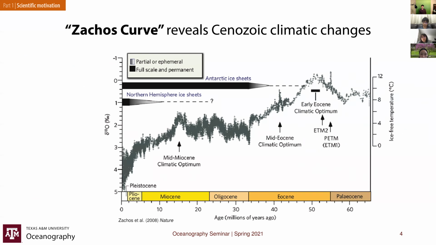And this curve is the benthic foraminiferal oxygen isotopes over the last 66 million years. And from these charts, you can see that the value of the oxygen isotopes of seawater has changed from about 0 to heavier and heavier isotopes, to a more positive number.